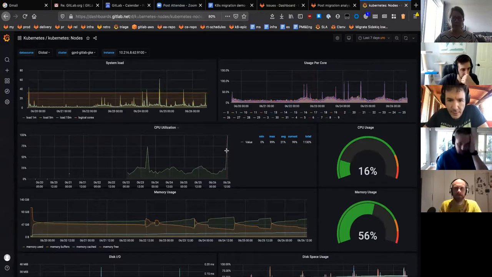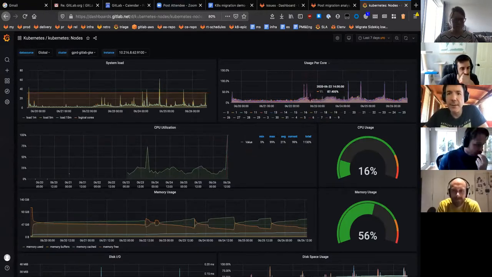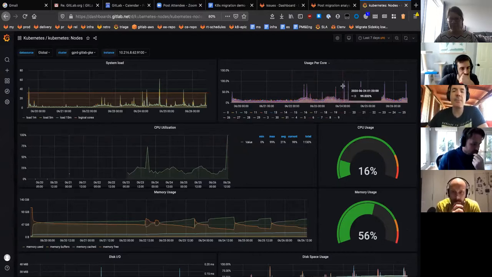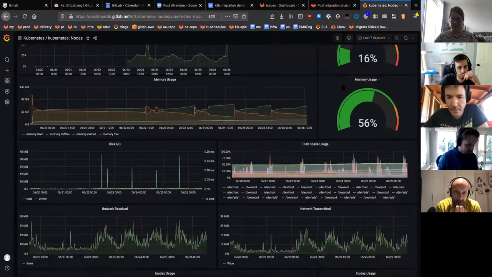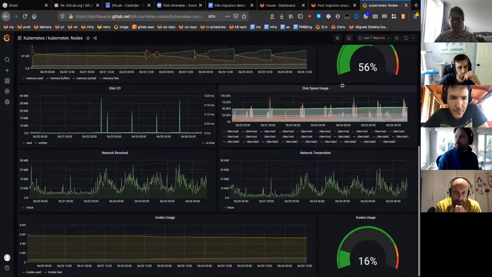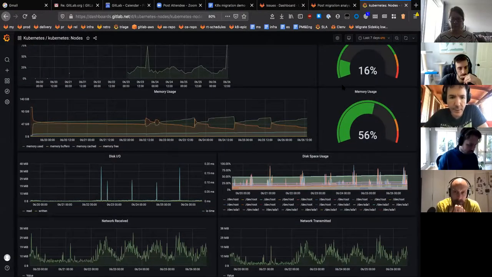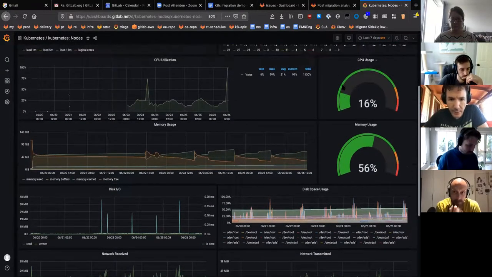I don't know what this big CPU utilization spike is here, but we're seeing spikes that I think are happening during deploys because this is when we're bringing on new pods. But generally speaking, it feels like we're a bit over provisioned. We could probably go with a smaller instance type. You can see things kind of come in and out during working hours.